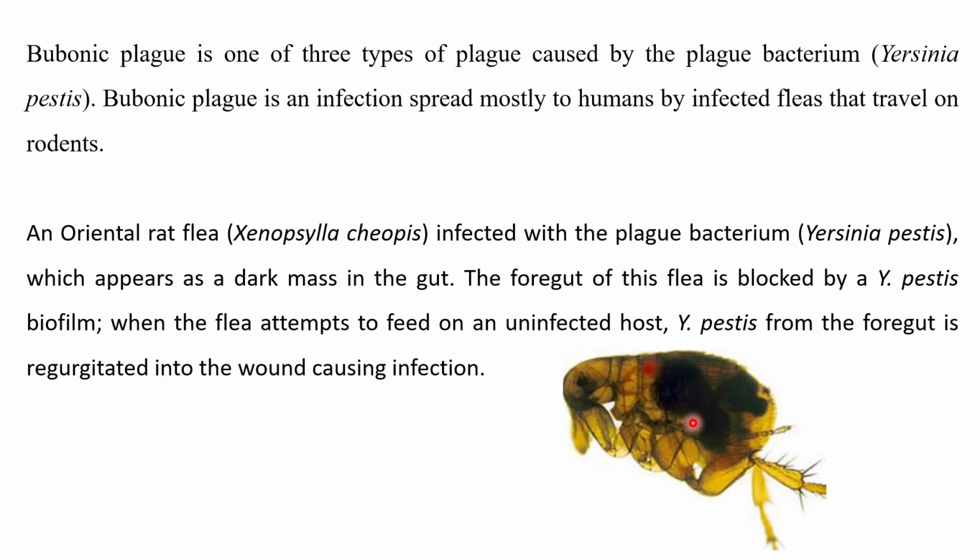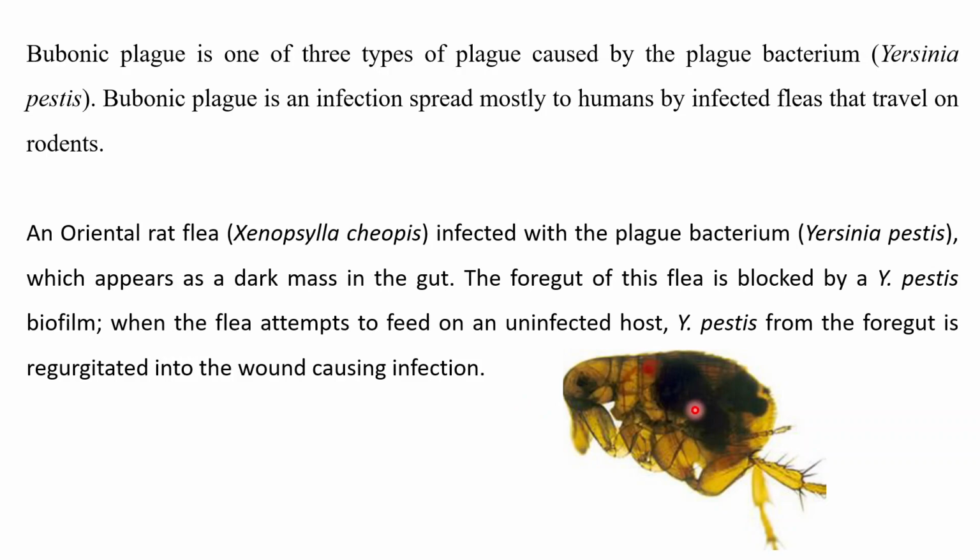This Yersinia pestis is found in the gut of the flea, and it appears as a dark mass in the gut. In the figure you can see that the foregut of the flea is blocked by Yersinia pestis biofilm. When the flea attempts to feed on an uninfected host, Yersinia pestis from the foregut is regurgitated into the wound, causing infection.